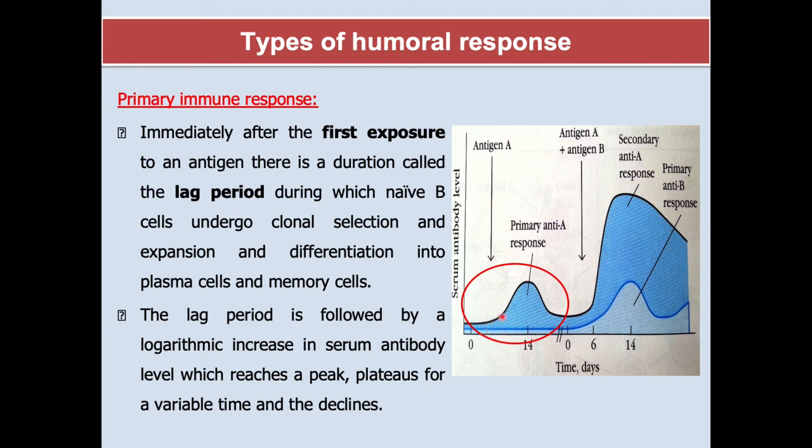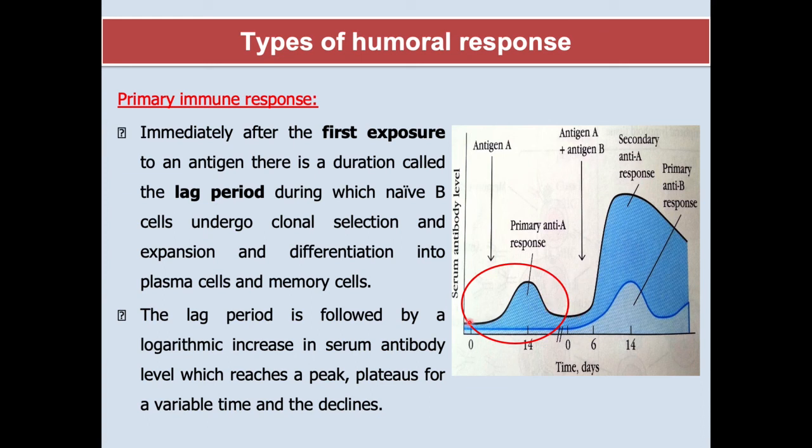After plasma cells secrete antibody, the concentration of antibody in the serum increases, showing that there is a response producing anti-A to antigen A. It takes nearly 14 days, a longer time. After everything is neutralized, the concentration of antibody in the serum decreases.